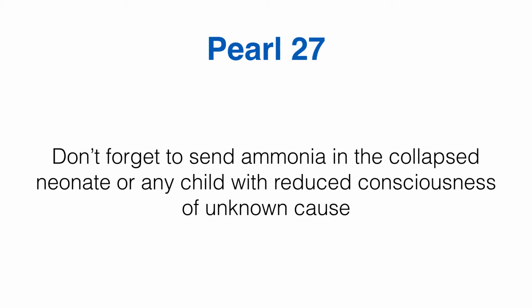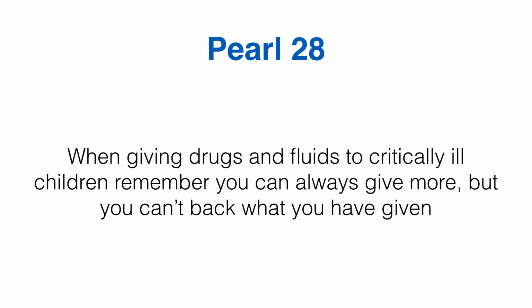So you need to know about it urgently. Any child who is at risk of having an elevated ammonia, you should send the test off urgently. Make an important point of looking for the result, chasing that result, because like I've said, it's a time critical diagnosis that needs urgent treatment if you're going to have a good neurological outcome. Okay, moving on to pearl number 28.